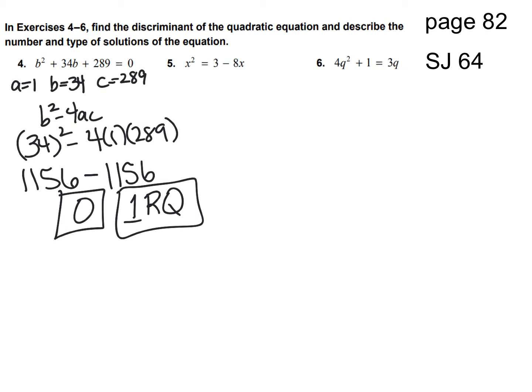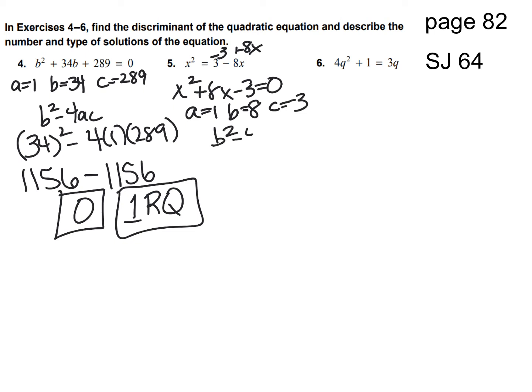For number 5, I need to make it equal 0. I'm going to subtract 3 and add 8x. X squared plus 8x minus 3 equals 0. A is 1, B is 8, C is negative 3.